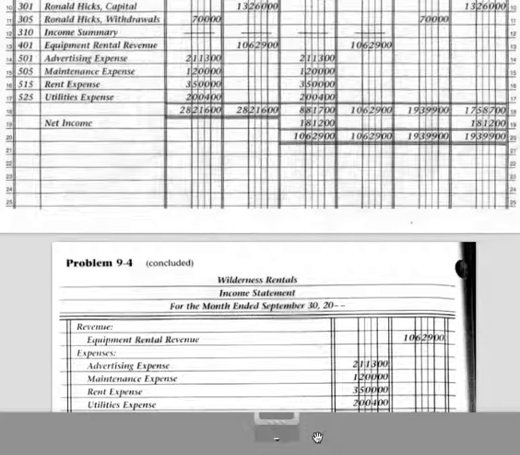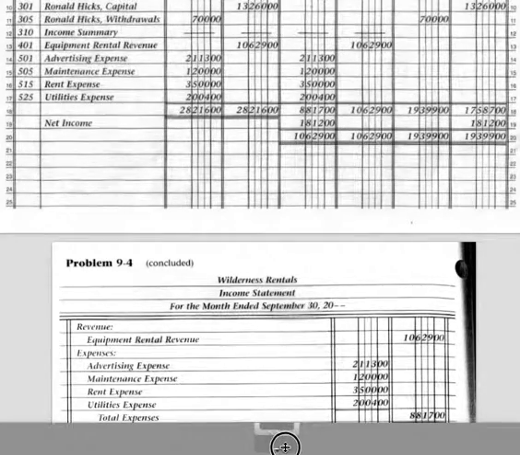And then after the last expense listed, which in this case is utilities expense, you're going to put a single rule because we are going to be adding the expense balances. So put a single rule under the last balance. Then you're going to indent even further the words total expenses.